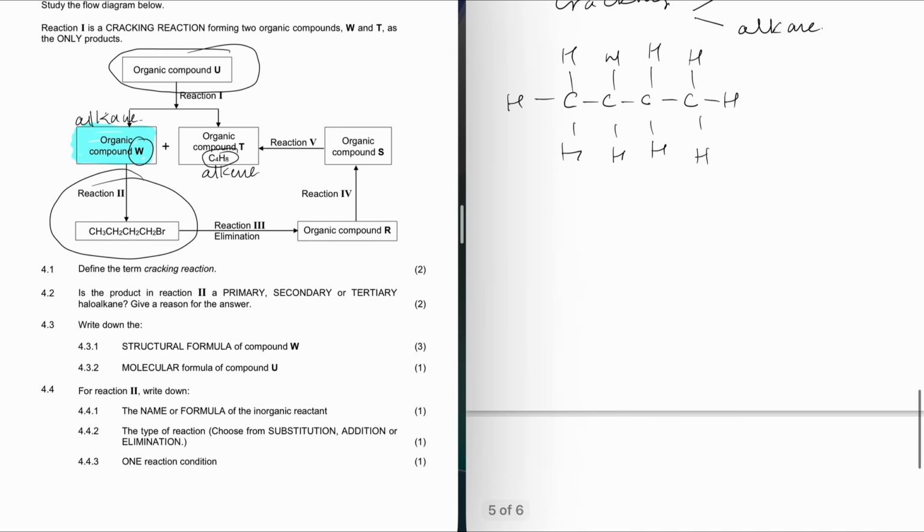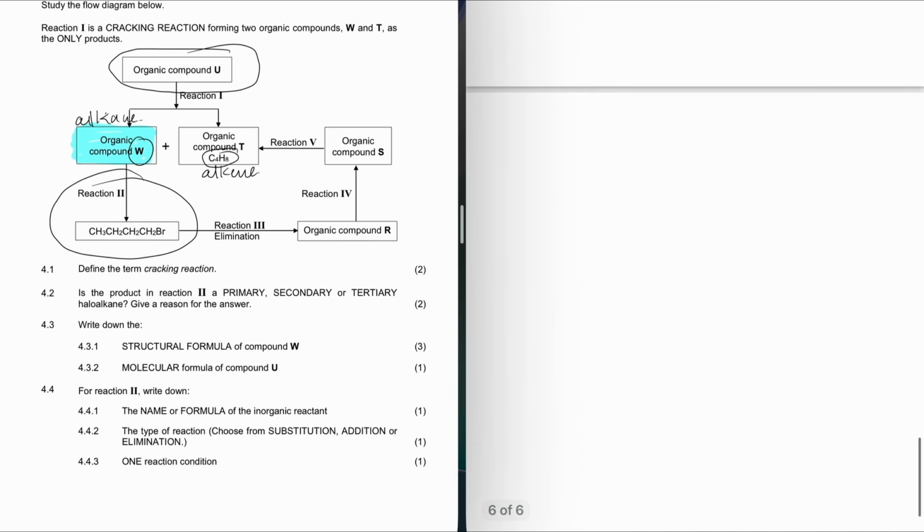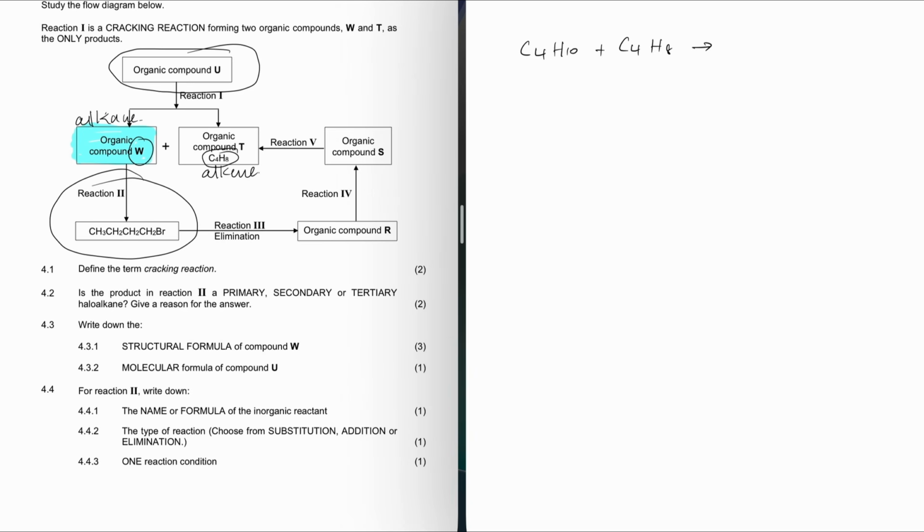This is going to be quite a simple one, because compound U is simply going to be the sum of compound T and compound W. Compound W, we just did, so it's C4H10, plus compound T, which is C4H8. If I add them up, I'm going to get C8H18, and this must be the molecular formula for compound U.